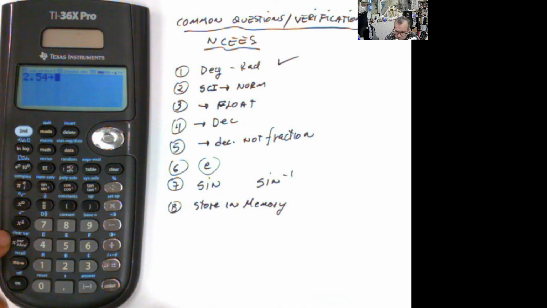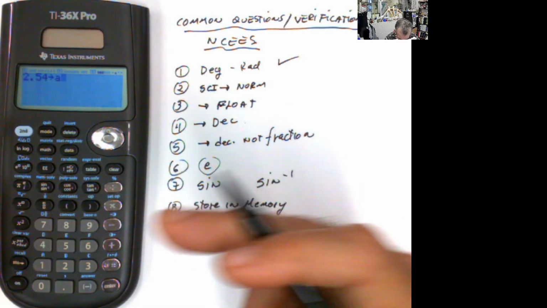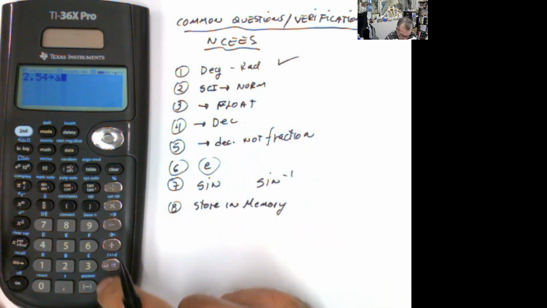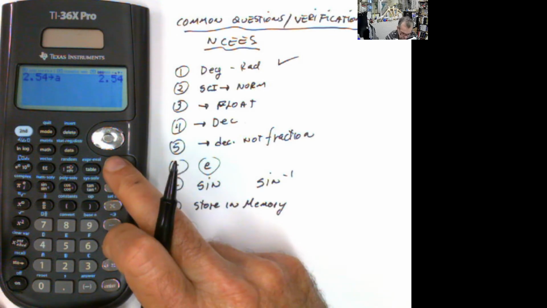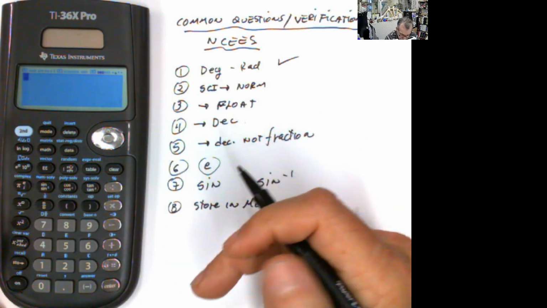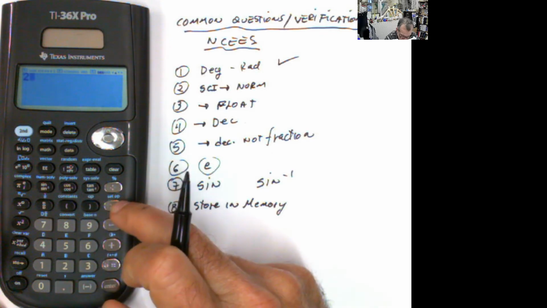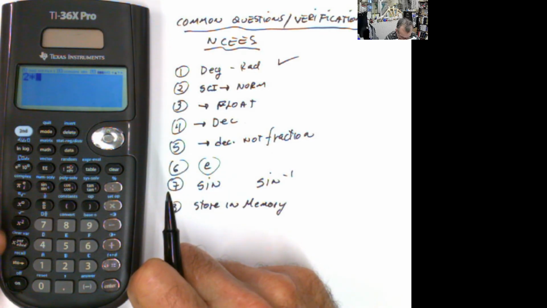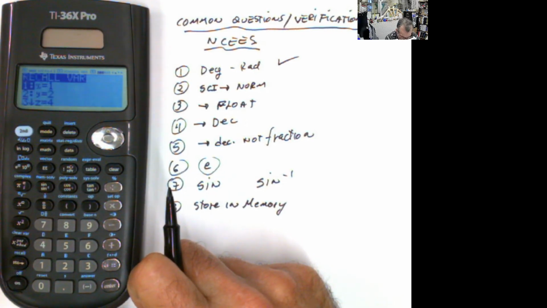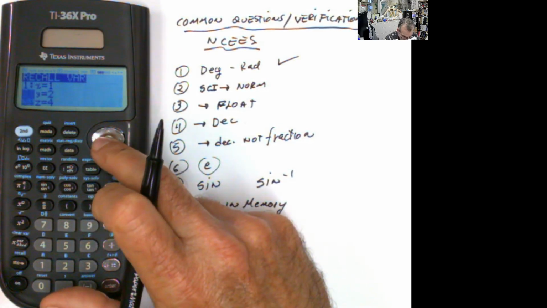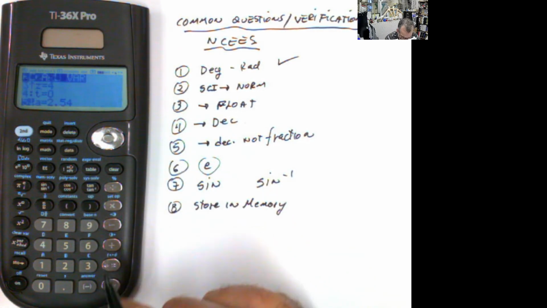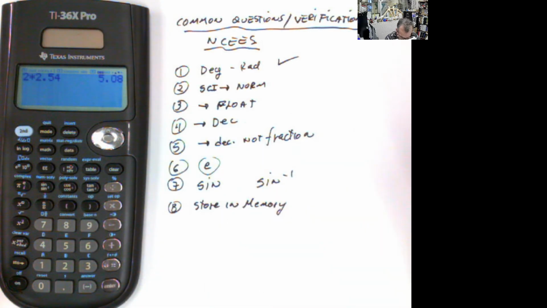These are your variables, and you can assign any variable you want, X or Y or Z or T or A. I want to store it in A, for example, and I hit enter. Now, if I want to use that number again and multiply 2 times A, I say 2 times, then second recall, look for my variable A, and hit enter again, and that will be the number.